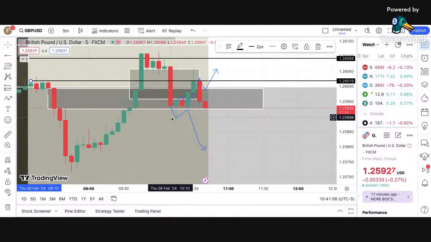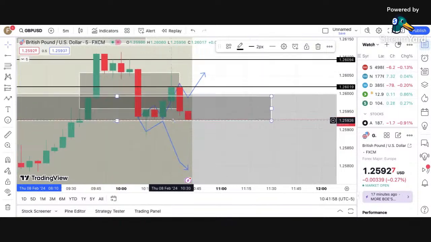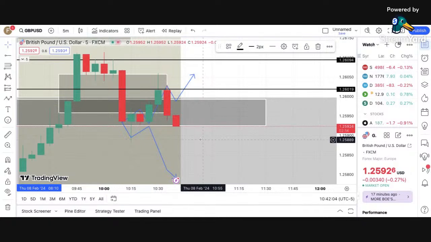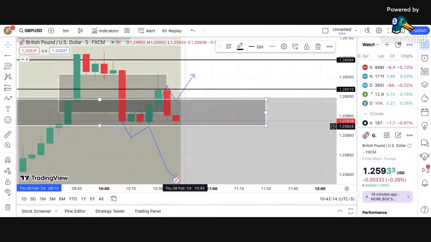So not this wick, 5 minutes. Not this wick. I need a body to close below here. And it has to close below here, just like this one should have closed below here. If this one would have closed above, it would have been a buy. If this closed below, it's going to be what? A sale.